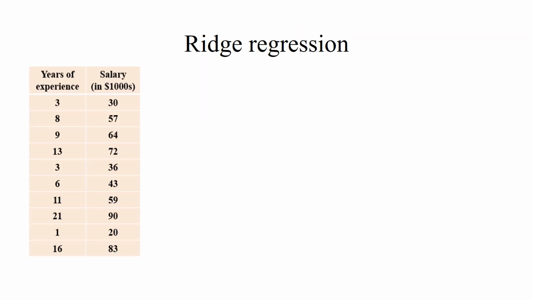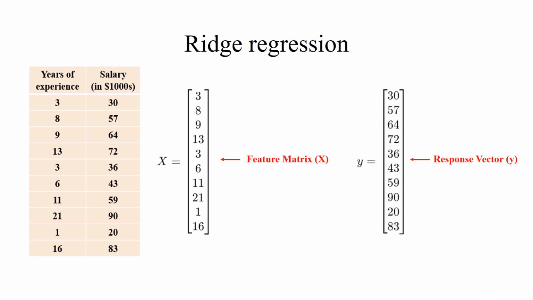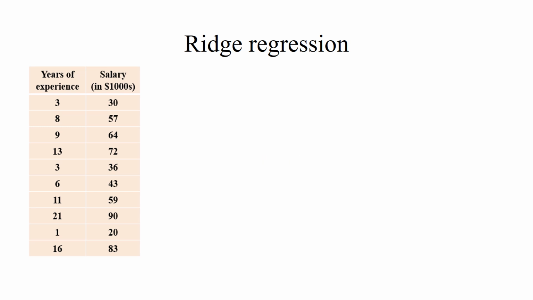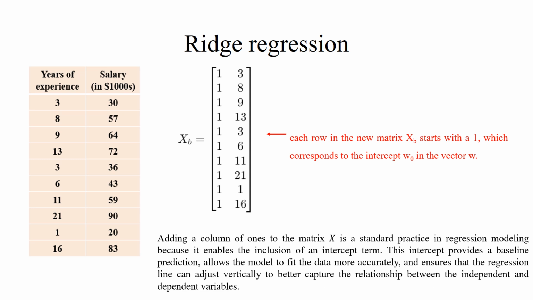Let us consider this data. Let X represent the feature matrix and Y represent the response vector. The next matrix is X suffix B. In this matrix, we are adding a column of 1s to the matrix X. This enables the inclusion of an intercept term, ensuring that the regression line will adjust vertically to capture the relationship between the independent and dependent variables.